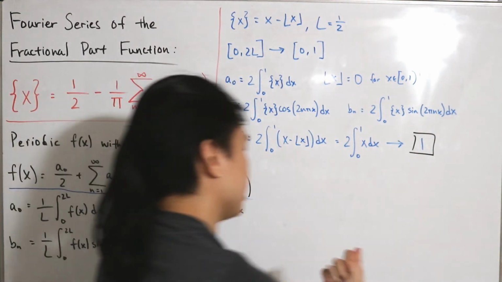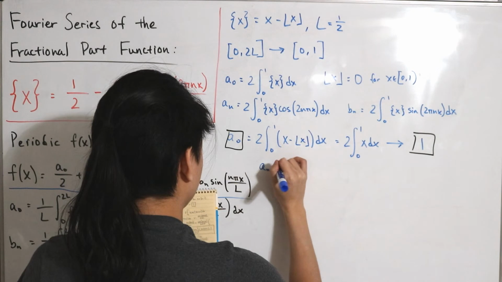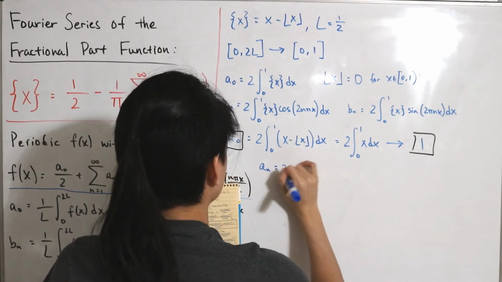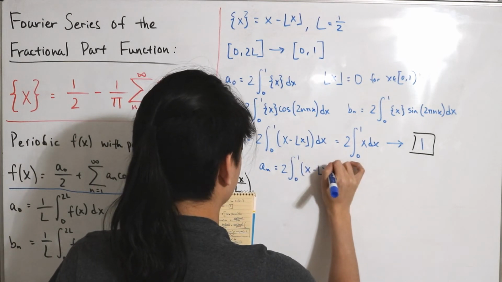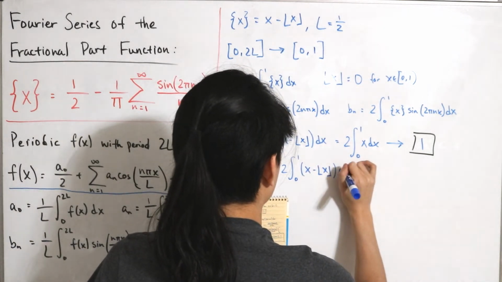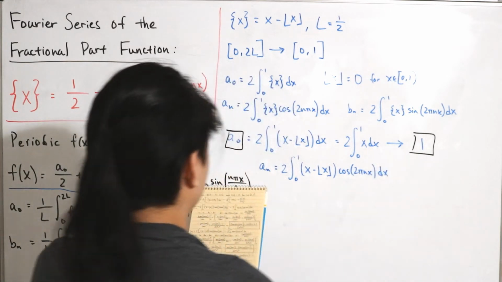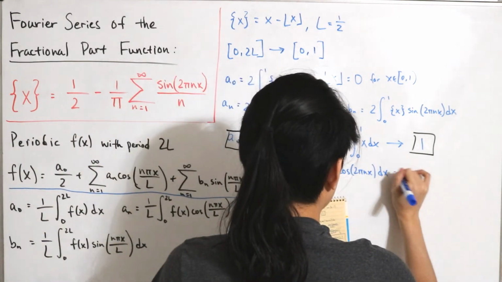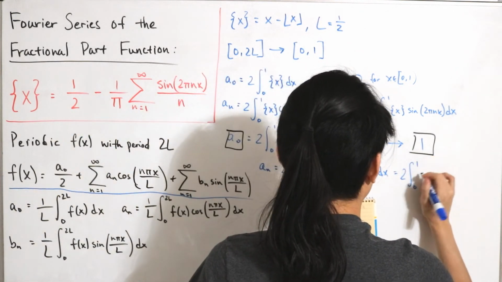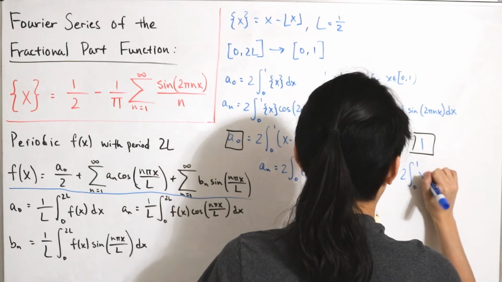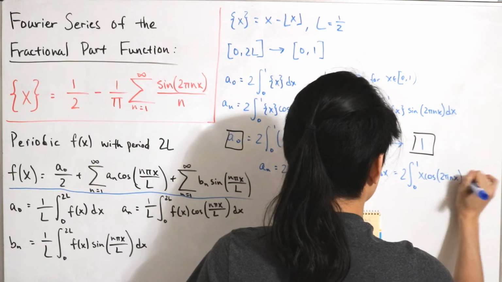Okay, now let's move on to our a sub n. a sub n is going to equal 2 times the integral from 0 to 1, substituting in the definition of the fractional part of x, multiplied by cosine of 2 pi nx dx. We said that the floor of x is equal to 0, so we just have to evaluate 2 times the integral from 0 to 1 of x times cosine of 2 pi nx dx.